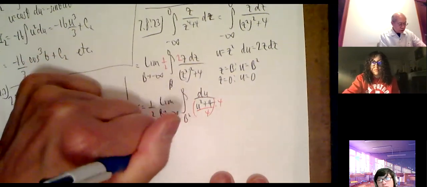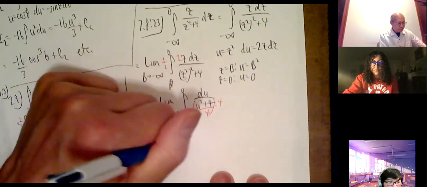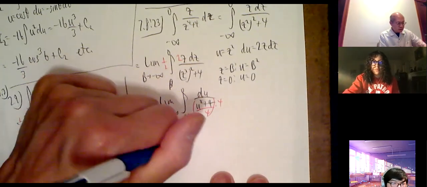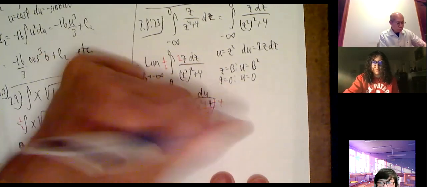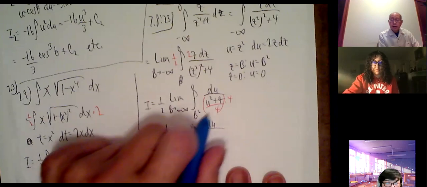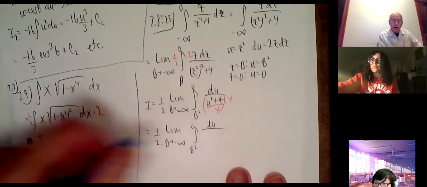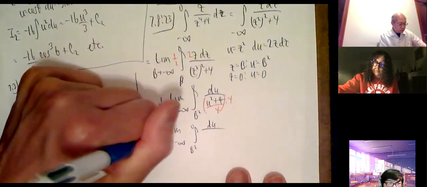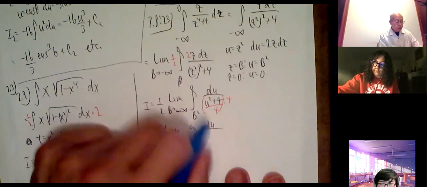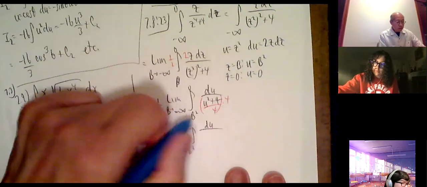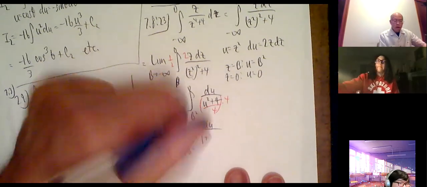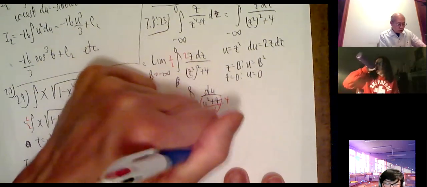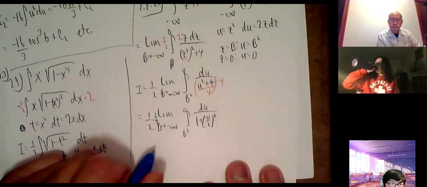One-half limit b approaches negative infinity, b squared to 0. Okay, this 4, I'll bring it outside as a 1/4. This is now 1, 4 over 4 is 1, plus u squared over 4, I can think of it as u over 2 squared, like so.